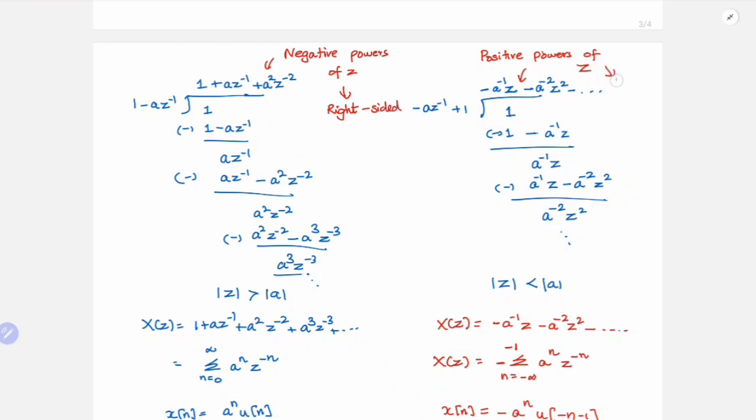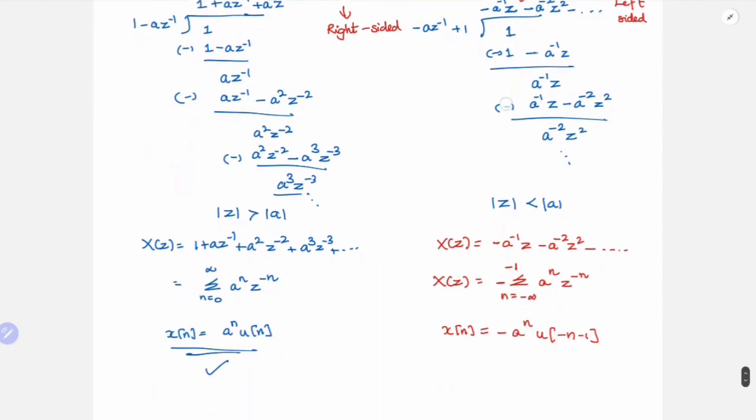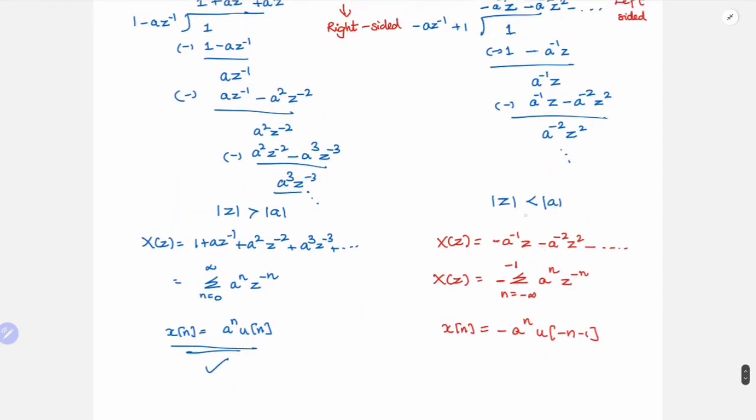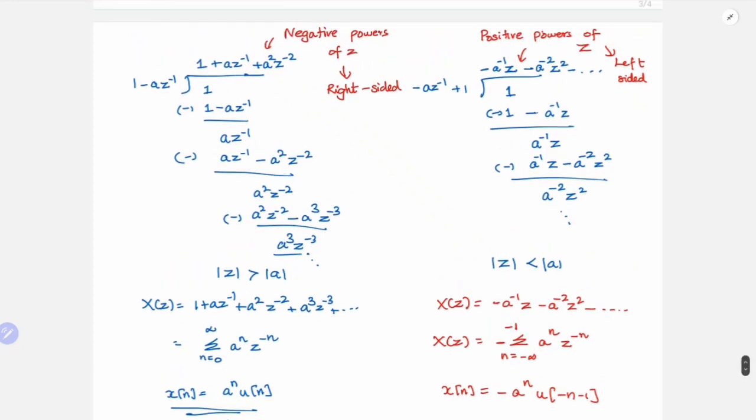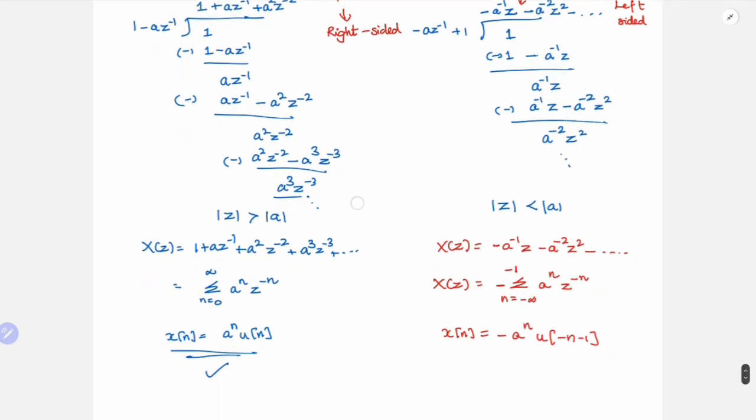And positive power means it is left-sided. Depending on your ROC, you should also know which will be left-sided and which will be right-sided, and you should take the results accordingly. So even if you start with this and you're getting positive powers, you should quickly shuffle them and try to do it again, right? That way you can arrive at the answer.